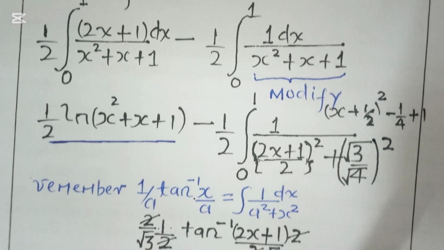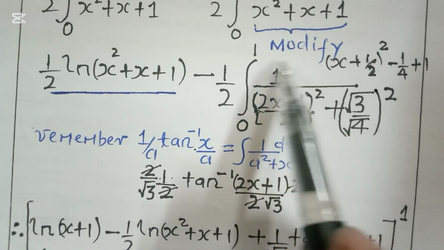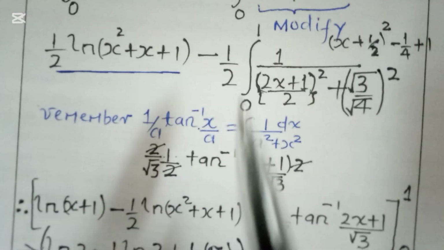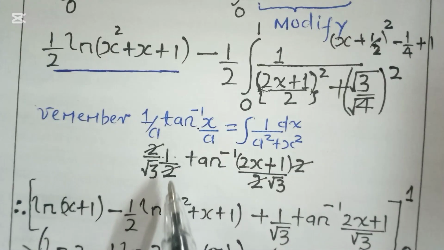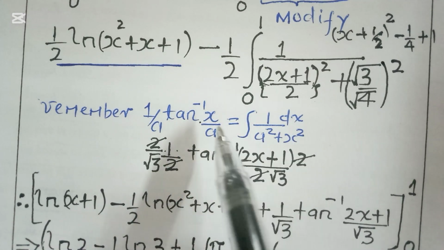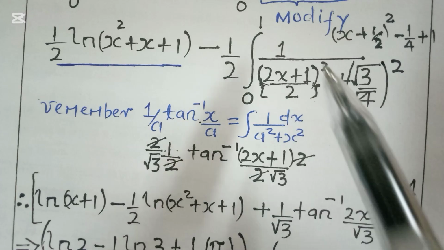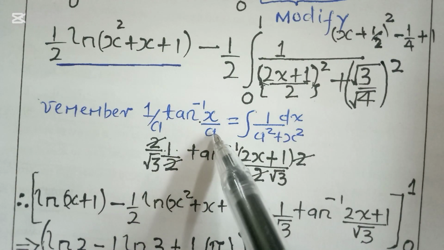The b is square root of 3 over square root of 4. And so, guys, we come and now integrate that. Integrating that, guys, goes together with a half as our constant. So, guys, this is what we are going to do. We are going to put x, and our x here in this case is 2x plus 1/2, all over a.